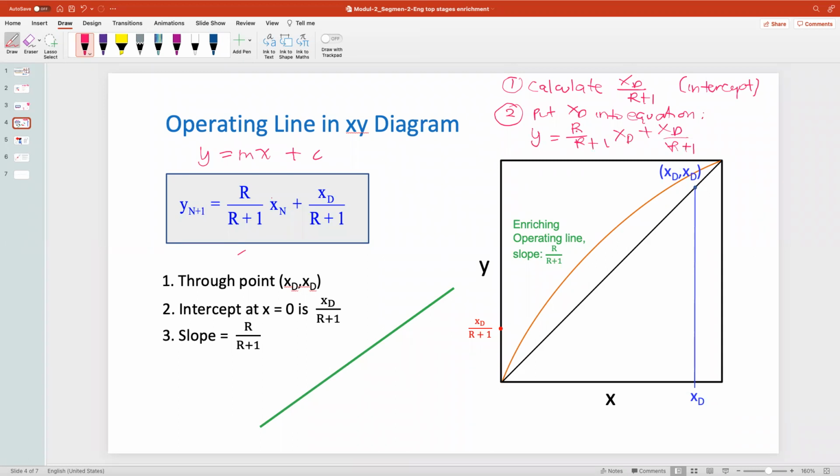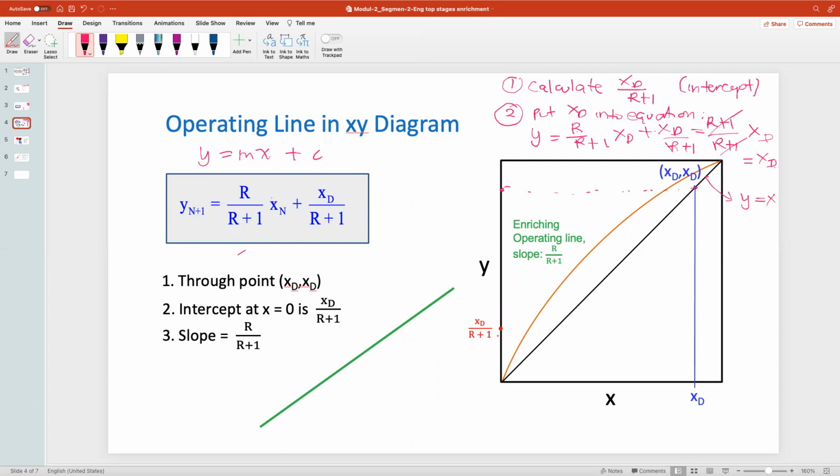Here, 1 times xd, so it equals r plus 1 divided by r plus 1 times xd, which is xd. So that means if x is xd, y is also xd. This line is a line of y equal to x, so it should be on this line.